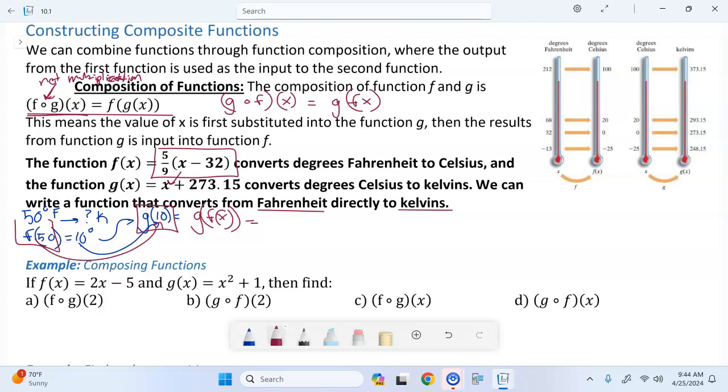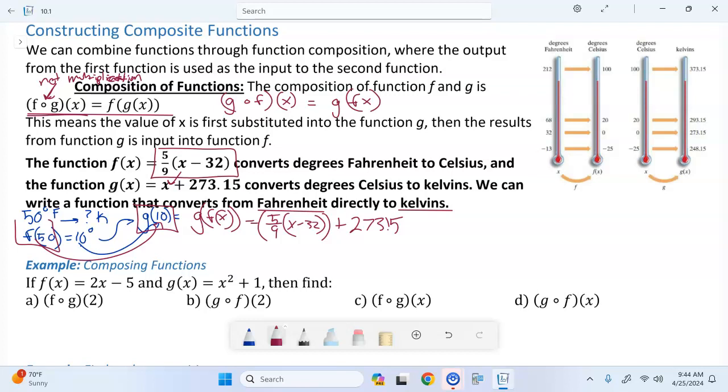So the variables in my other function get replaced by the first function. And so that x gets replaced with 5/9 x minus 32. And then we continue with the rest of g of x. So the x in g of x was replaced with the entire function f of x.